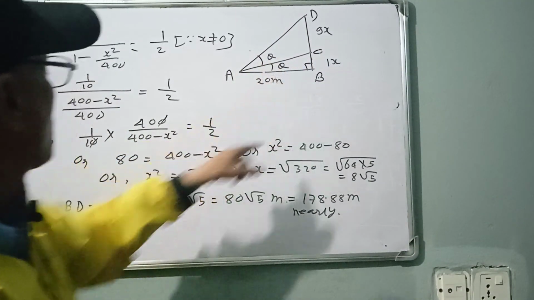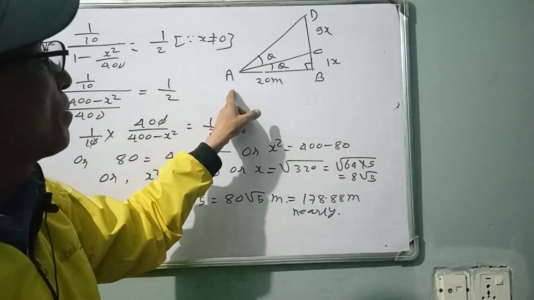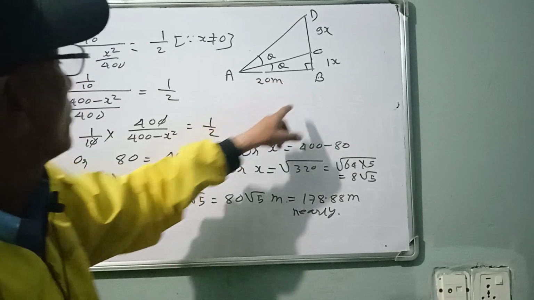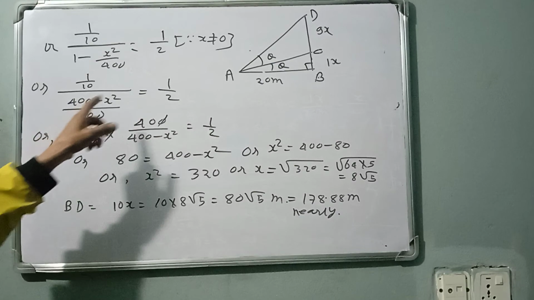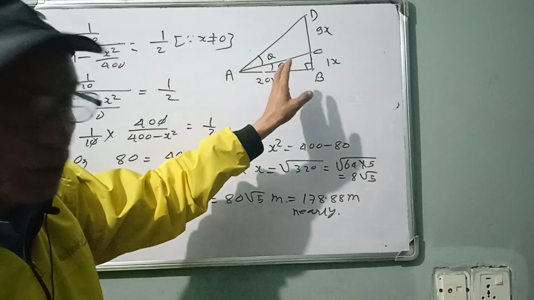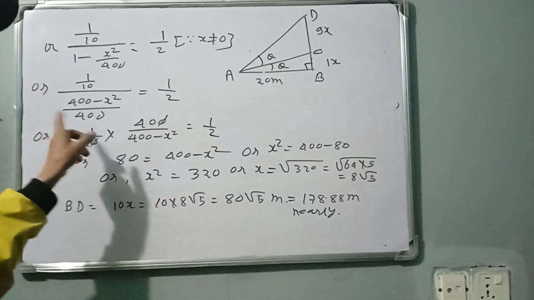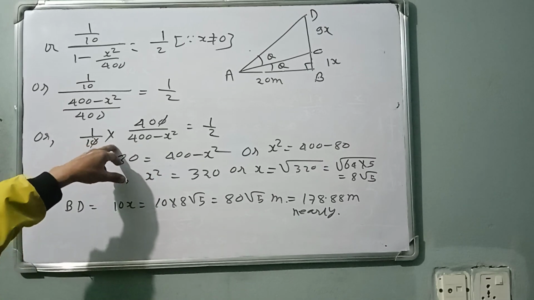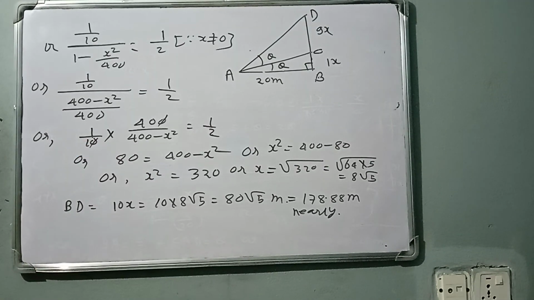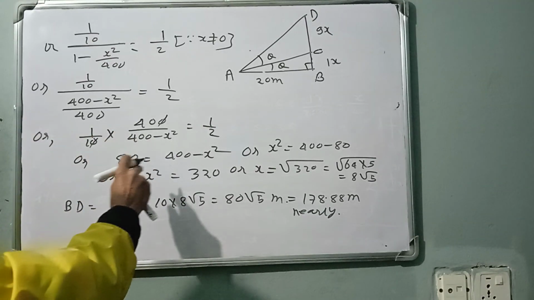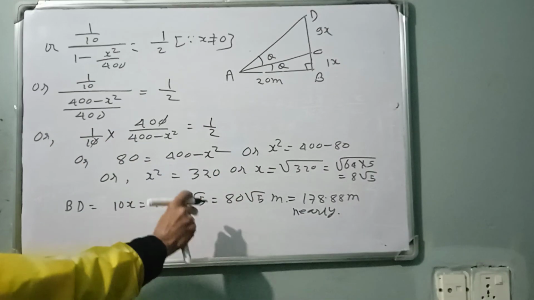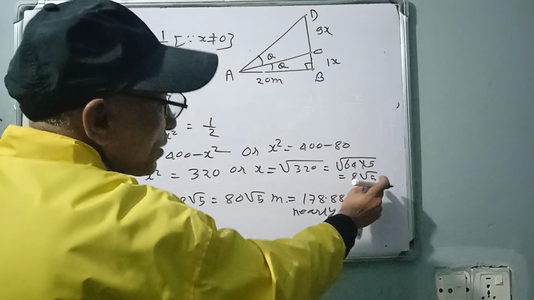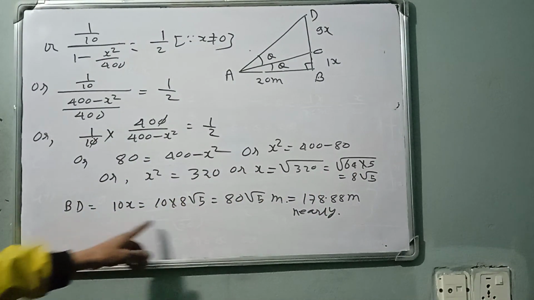Tan 2 theta formula 2 tan theta upon 1 minus tan square theta. Use the double angle formula, and after that put the value of tan theta equal to x by 20 and simplify it just by using the mathematical rule. Just put the value of tan theta, simplify, cross multiply, x square equal 320, x equal 8 root 5. So what is the total height of the pole?